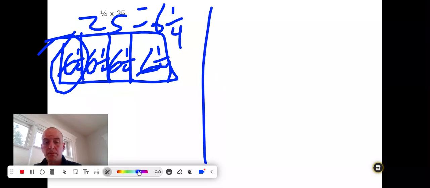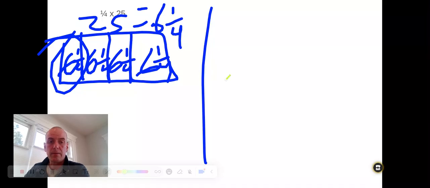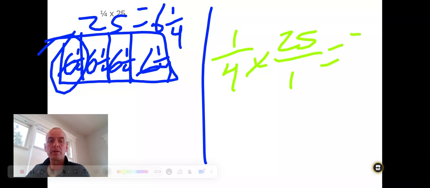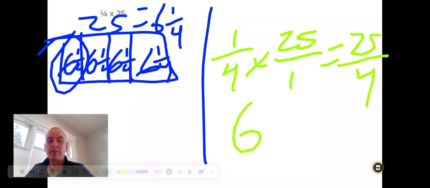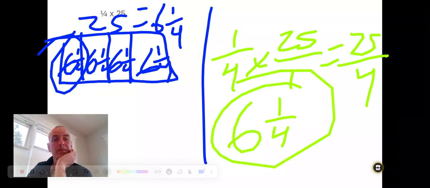All right, but the multiplication way is simply 1/4 times 25 over 1 equals 25 fourths. Now 25 fourths, 4 goes into 25, 6 times, 1's left over, 6 and 1/4.